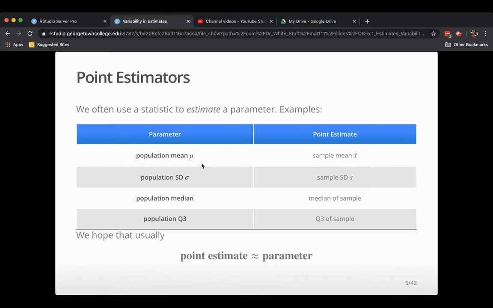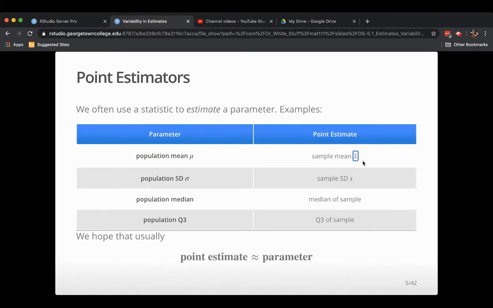Now, if you take a sample from the population, then you might compute the mean of that sample. That sample mean is called x-bar, x with a bar on top of it. And it's a statistic because it's a number that you compute from your sample.